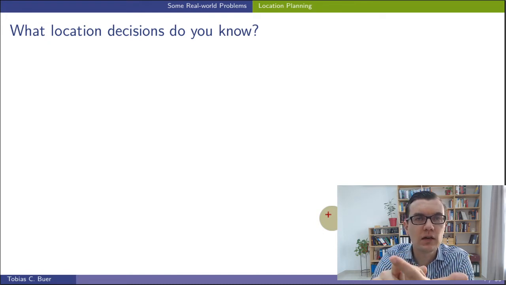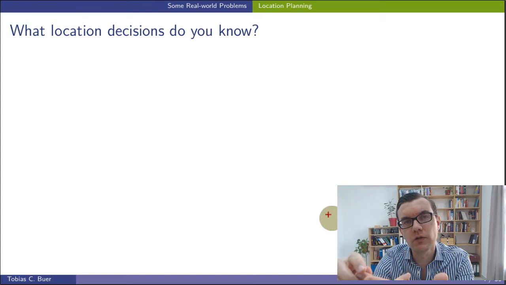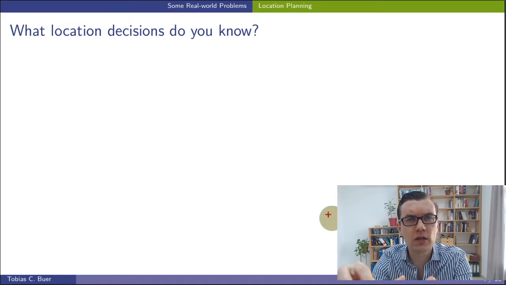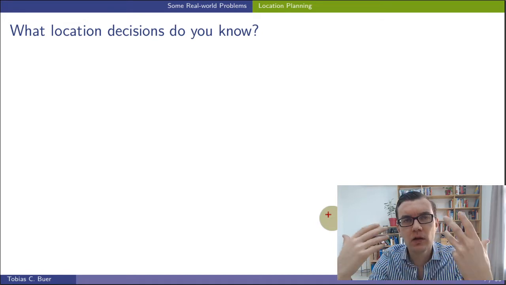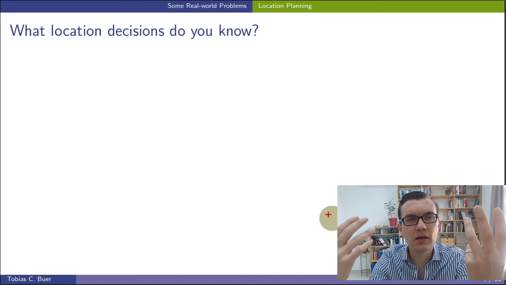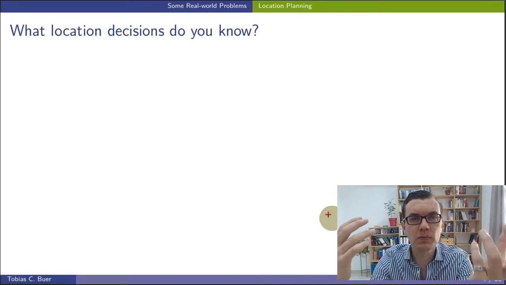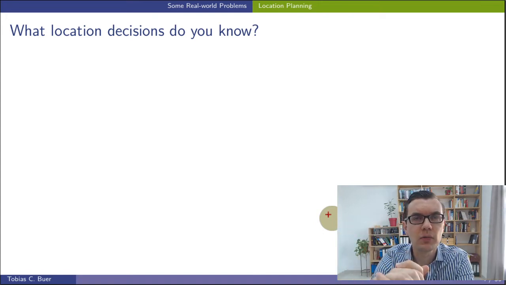What have you read in some newspaper articles? Which location decisions have been discussed? What do you just know from your general understanding of businesses about location decisions? Which type of location decisions are out there? I recommend to make some notes. Press the pause button on this video and make some notes and try to reflect a little bit about this decision to make you more open for the coming contents.